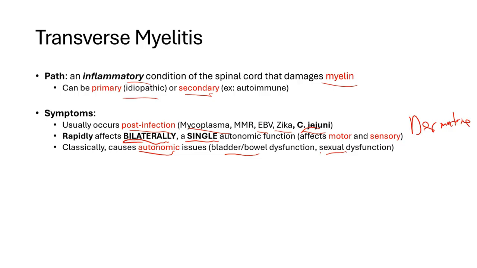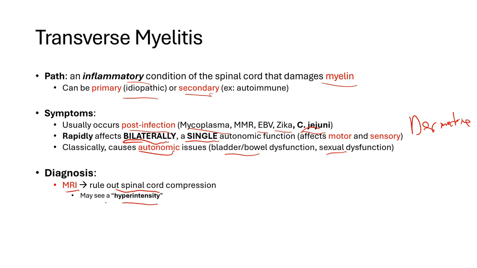This, unlike GBS, will be diagnosed typically with MRI. Now, we actually get the MRI in order to rule out spinal cord compression, which will be covered in future lectures. We may see signs of hypersensitivity here. MRI is necessary to evaluate for structural or compressive pathologies.